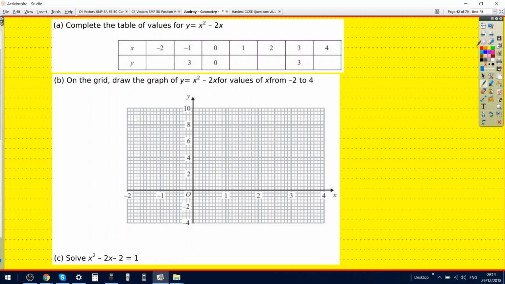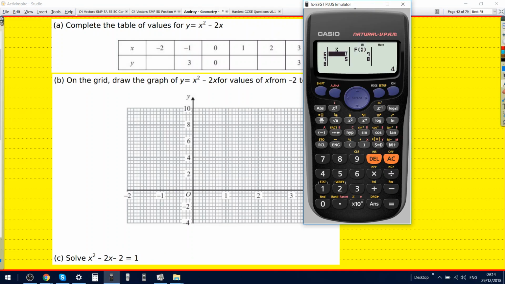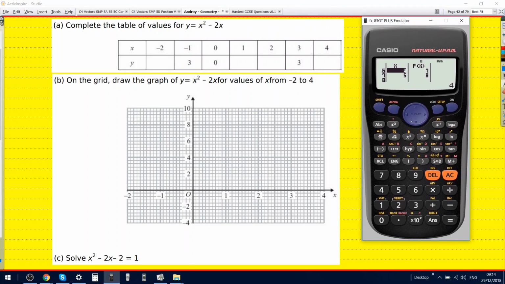Yes, it's a good one. Okay, so how do we go about this one? So x squared minus 2x. How do we do the second way? So am I just doing C?